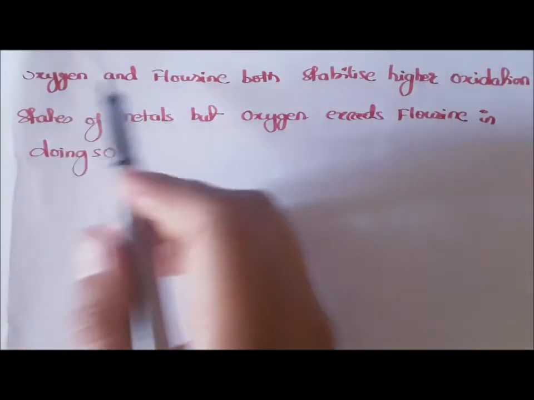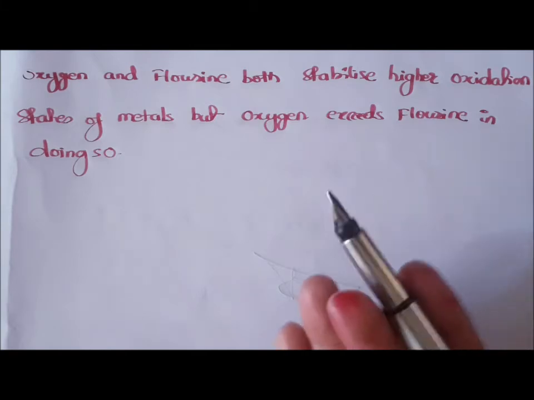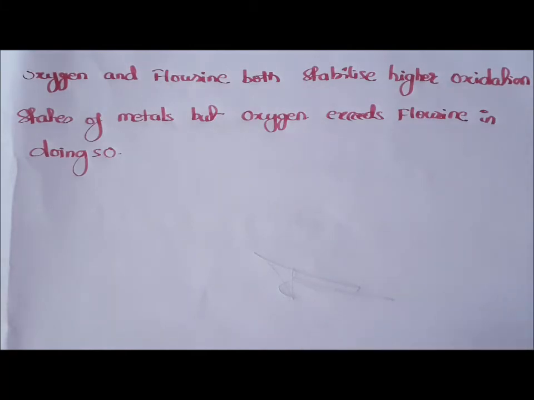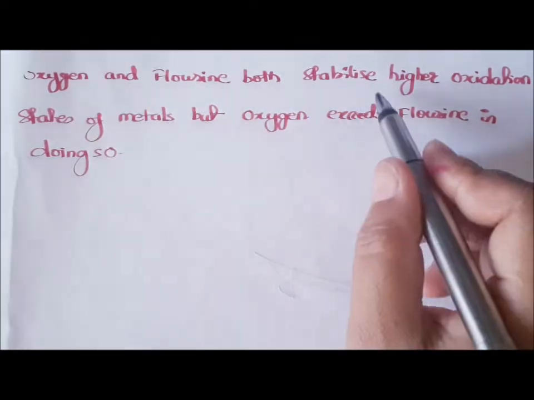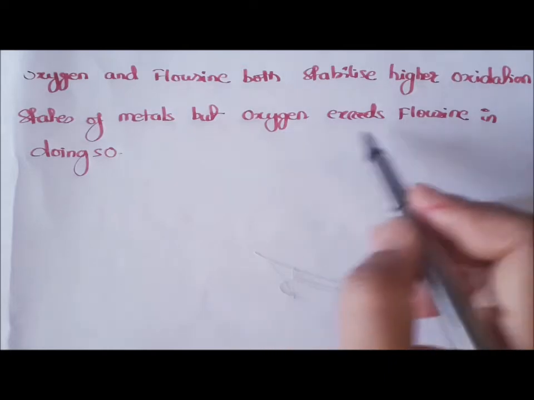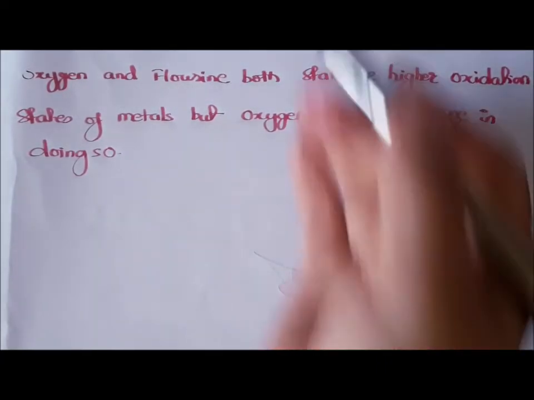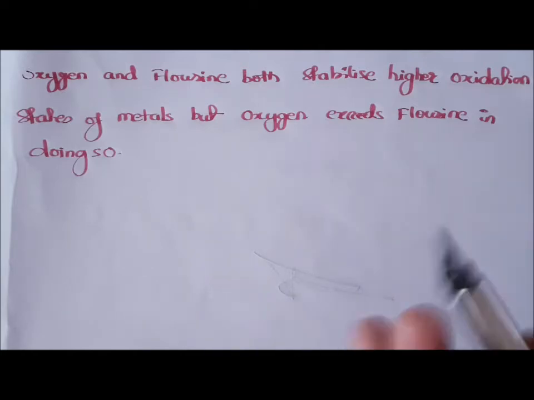Now, as we have already discussed, halogens exhibit the highest oxidation state in their oxides or fluorides. Oxygen and fluorine both stabilize higher oxidation states of a metal, but oxygen exceeds fluorine in doing so. That means halogens show the highest oxidation state in oxides.